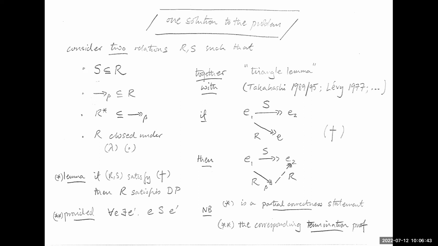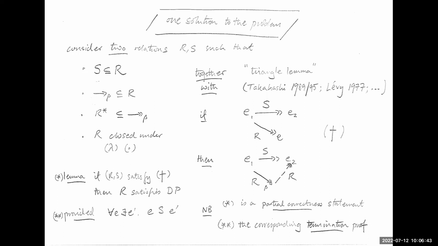I'm going to say, if I can establish a relation S, which is like a reduction, and in fact, it's going to be a determinization of the relation R in such a way that if M reduces to P and M S-reduces to something else, I can close that triangle with an R step, then I will immediately get the diamond property as a corollary, simply by replaying that game on the other side.